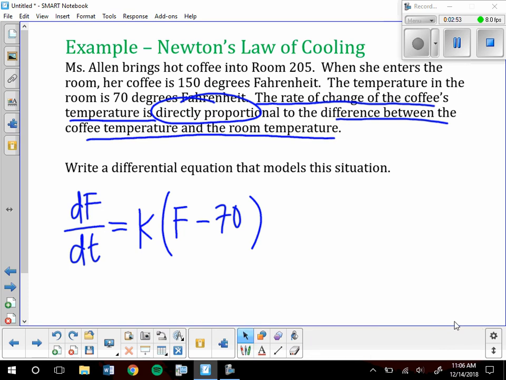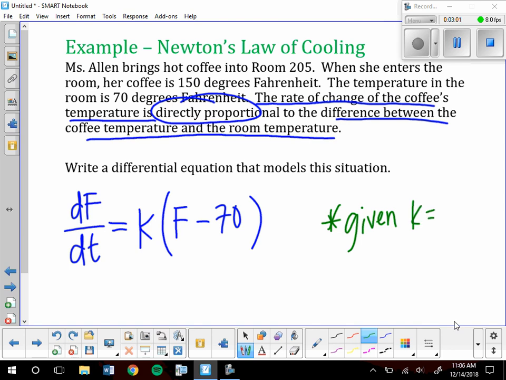The proportionality constant K can be determined experimentally, but I'm going to give it to you for this problem. We're going to be given that K equals negative 0.05. We see that it's negative because the coffee is cooling.